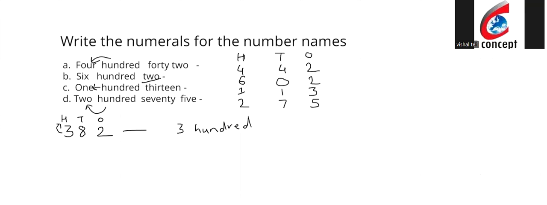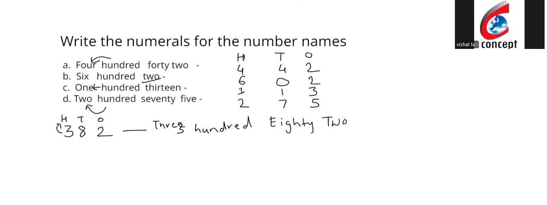Hundred. Okay. And 82. Right. So we need to write it in spellings. Okay. So I just wanted to make you understand. Okay. So here we can write, like 3 hundred, 80, EIGHTY and 2, TWO. Okay.